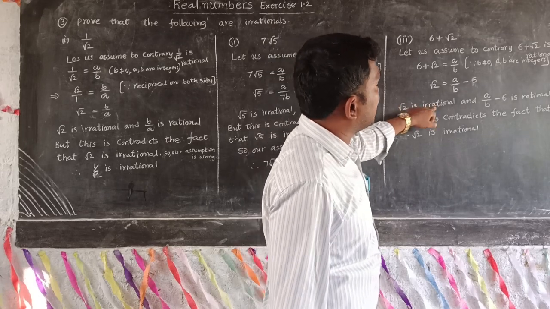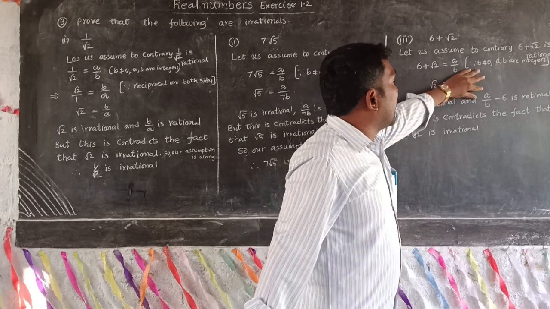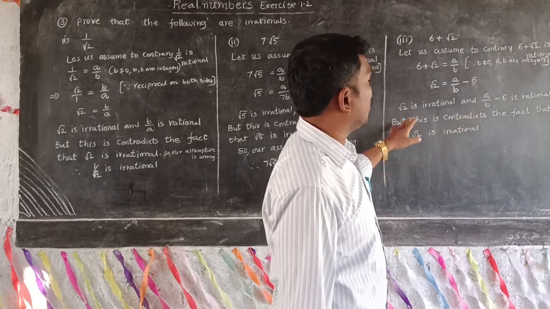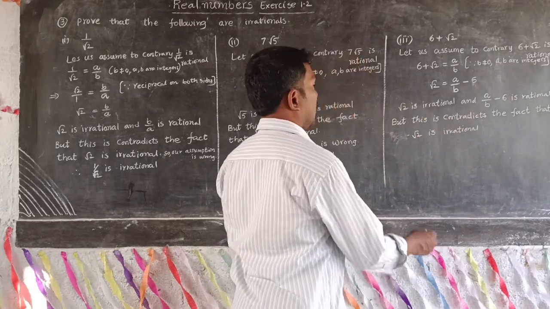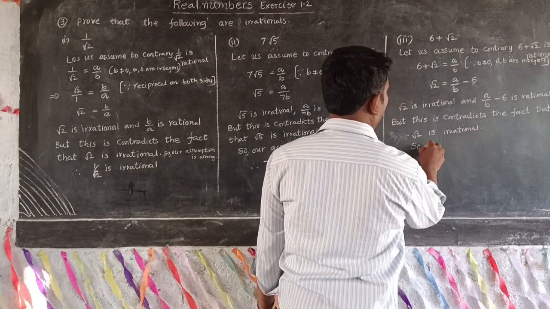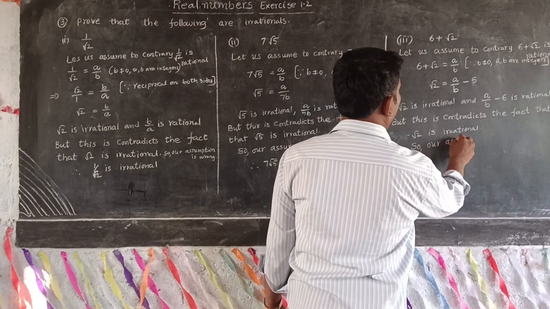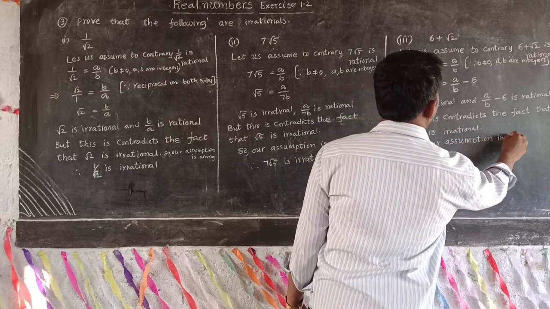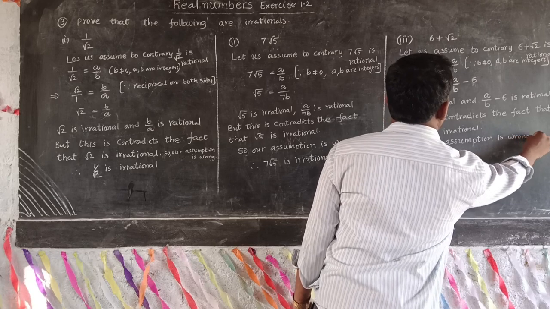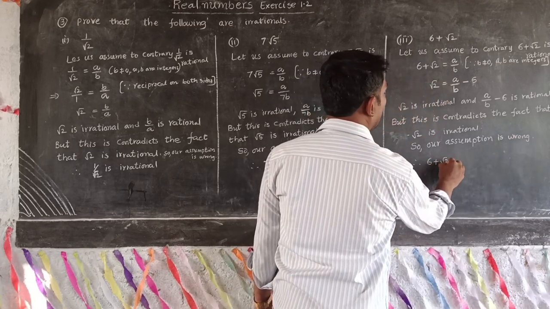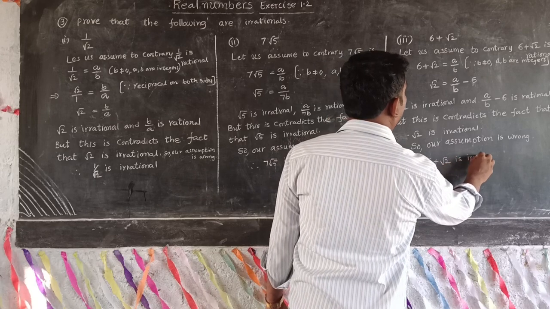Root 2 is irrational, the left hand side term. Right hand side term is rational. This contradicts the fact that root 2 is irrational. Therefore, our assumption is wrong. Therefore, 6 plus root 2 is irrational.